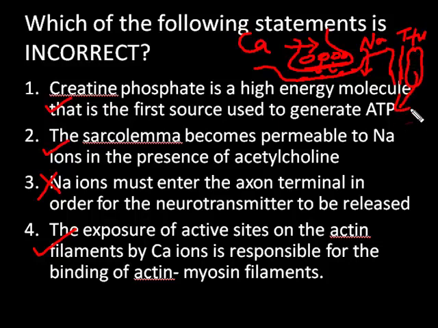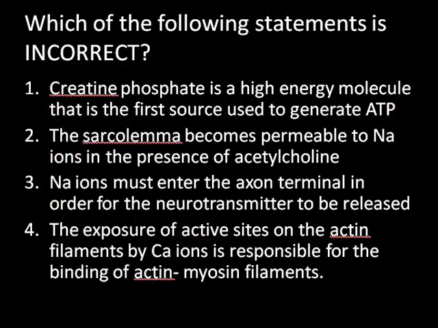These terminal cisternae release calcium ions, and these calcium ions bind to the actin filaments and expose the active sites. And only when the active sites are exposed will actin and myosin be capable of binding to each other. So therefore, this is also a true statement, and the third statement is the incorrect statement for this question.